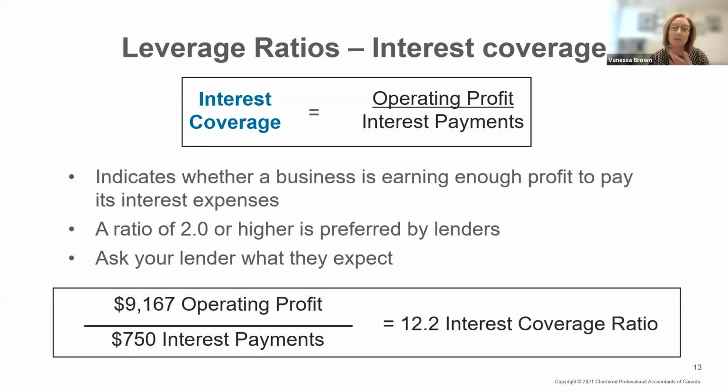So we calculate it by dividing the operating profit by interest payments. In our example, we have an operating profit of $9,167 and $750 of interest payments. So we have a 12.2 interest coverage ratio.